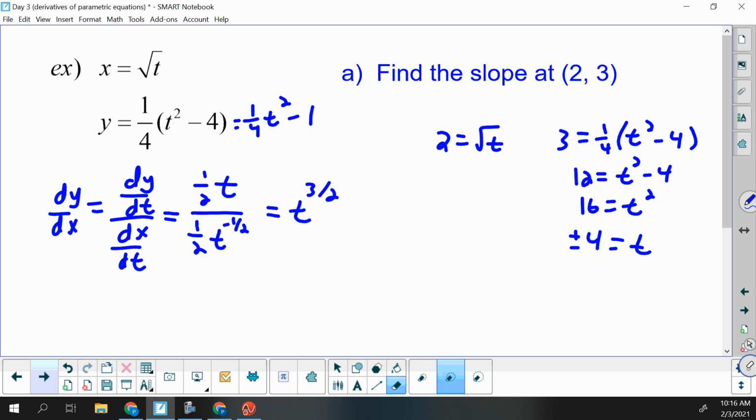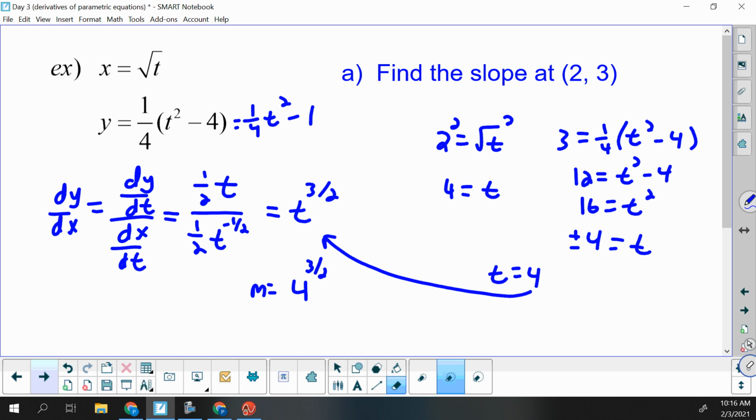To decide which one it should be, look at the other equation. Square both sides, and you get 4 is equal to t. So the common solution is when t is equal to 4, so that's what we should use. So our slope is really 4 to the 3/2. Square root of 4 is 2, 2 to the 3rd is 8, so our slope is just 8.